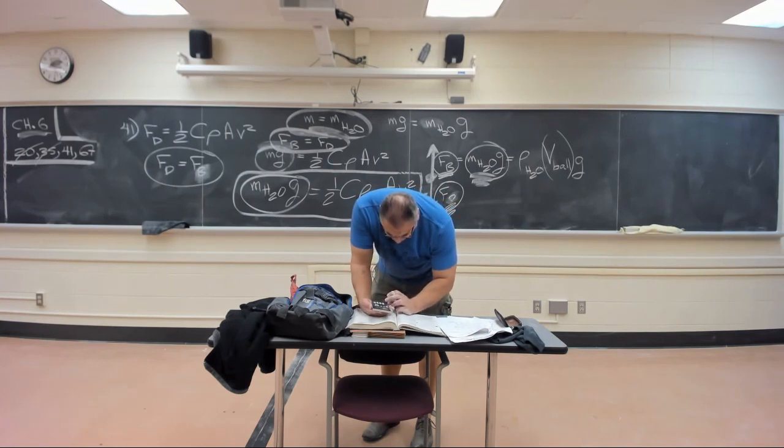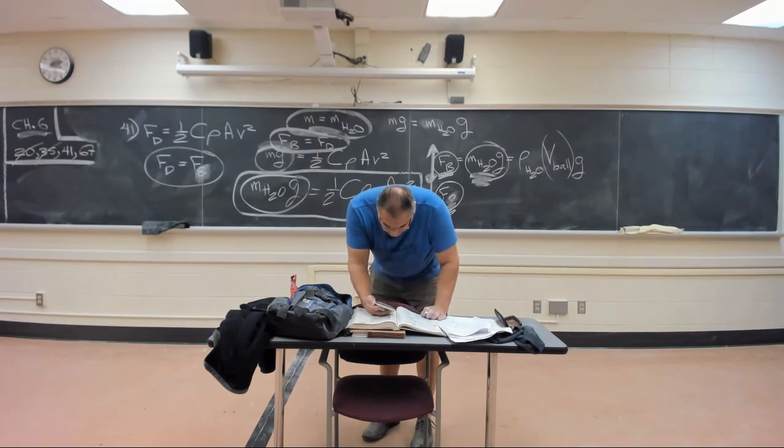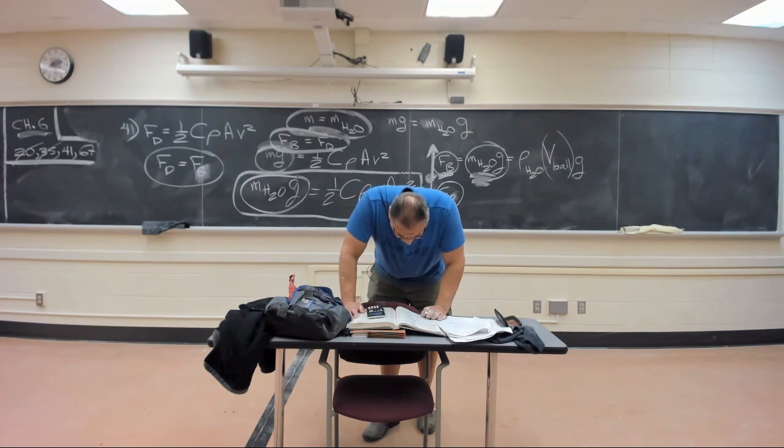I'm going to take the 0.3573 meters and cube it. I'm going to multiply by pi, and then multiply that by 4/3. That's that.